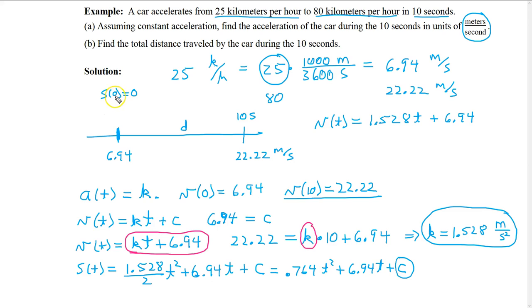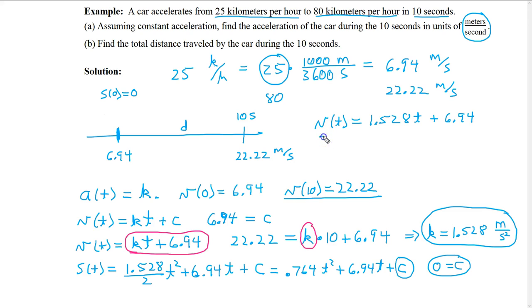So if we plug 0 in for t here and here, and 0 in for our s on this side, well, we'll get that 0 equals c. So we can assume that the c is actually just 0 by making this assumption right here.